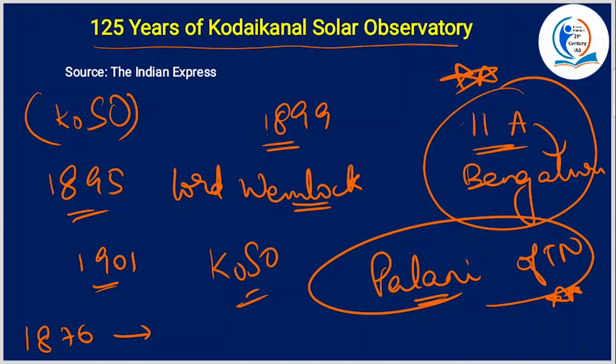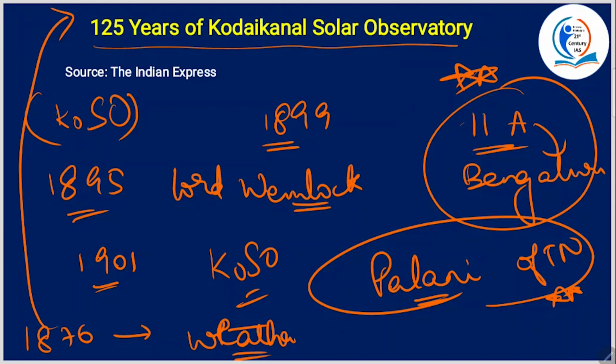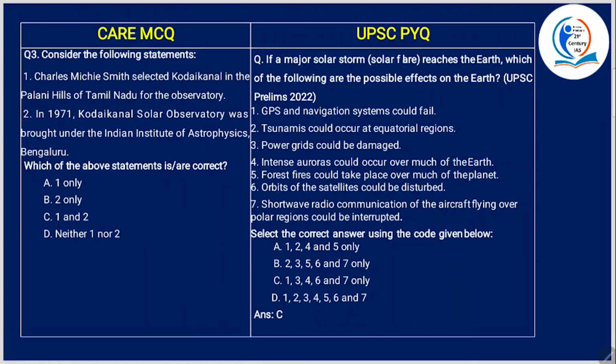So this catastrophic event, part of a global phenomenon, underscored the need to understand the factors influencing weather and its patterns, including the solar activity. Therefore, this was established. Got my point? As one says, necessity is the mother of invention. Here, there was a necessity because of this famine, and hence it was established. You can quote this as an example in your mains.